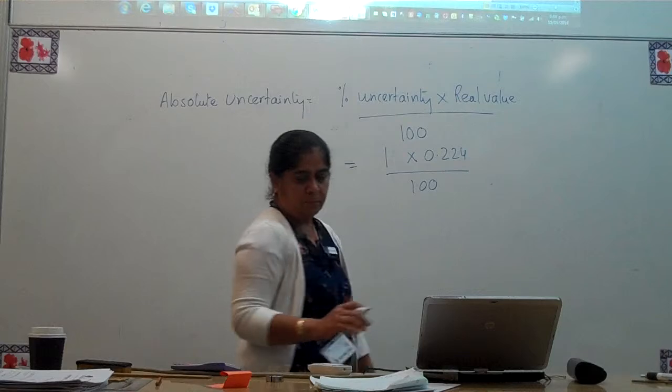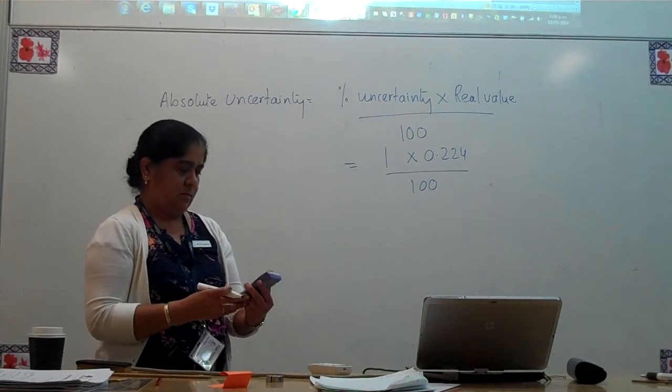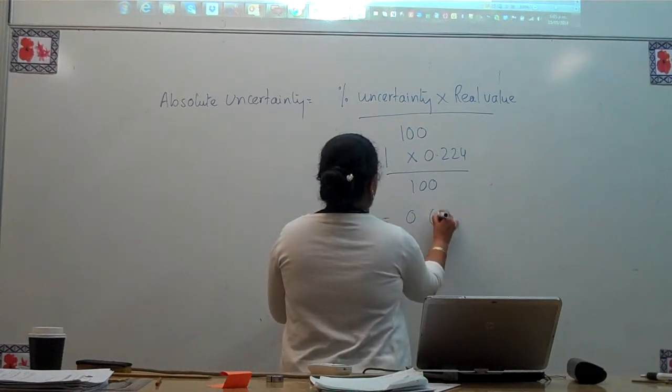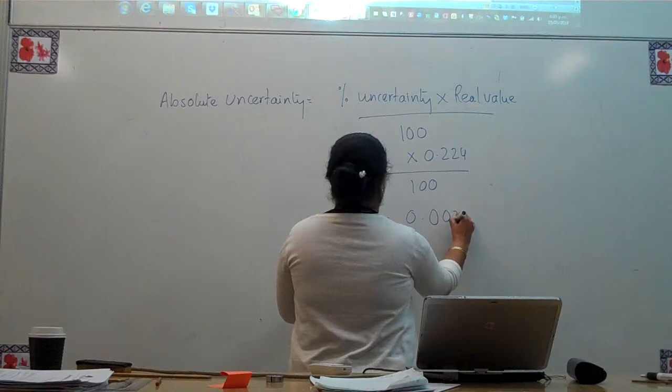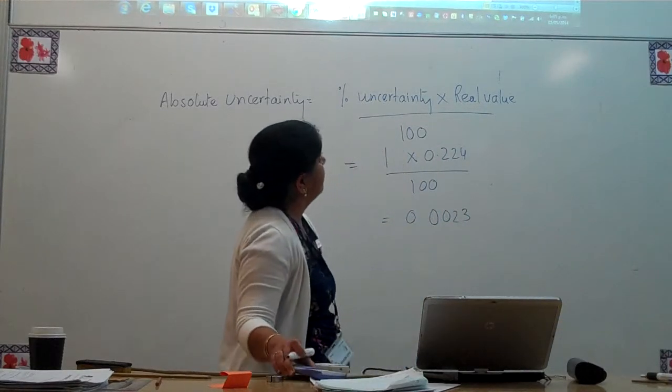And what do we get? 0.224 divided by 100. 0.0023. So what do you write in the table?